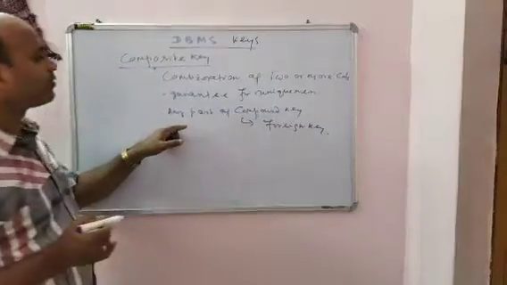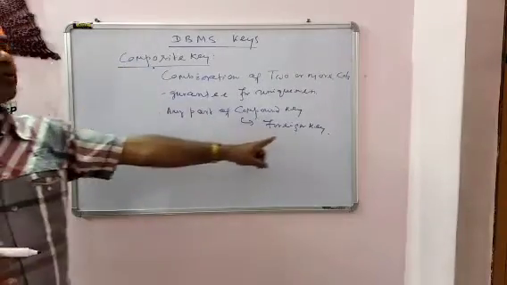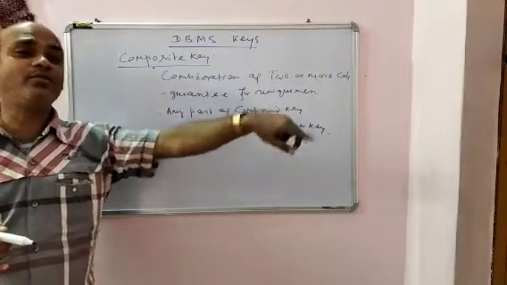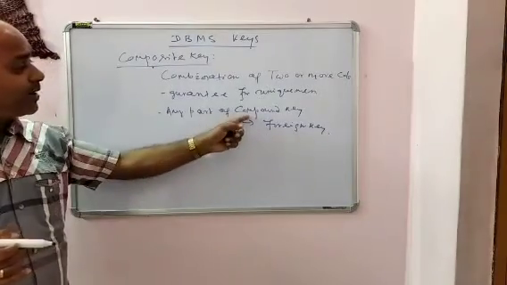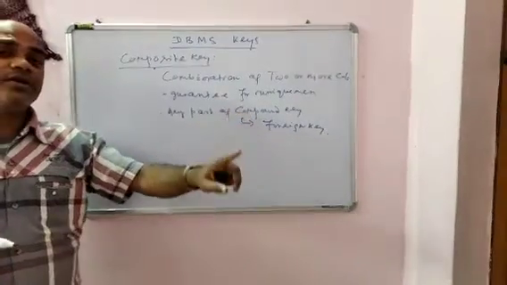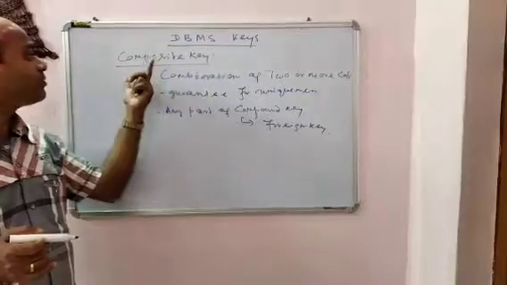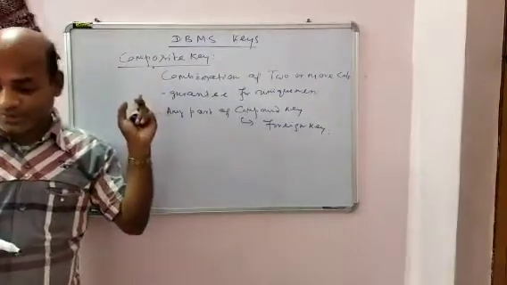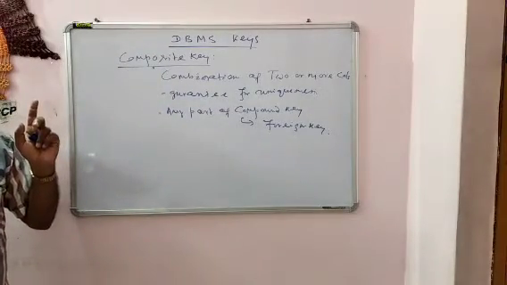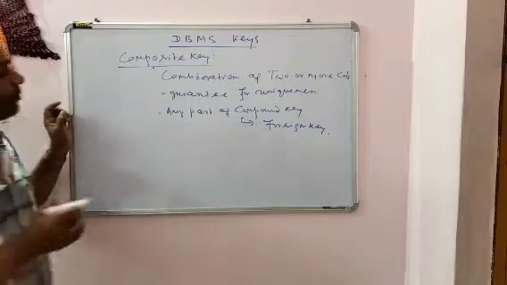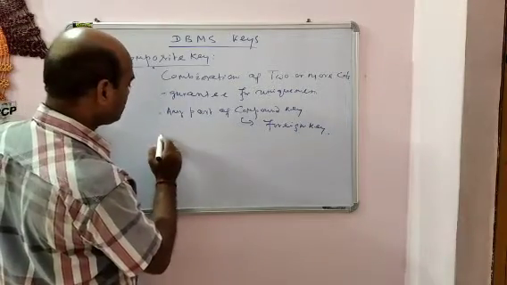But any part of the composite key cannot be a foreign key, cannot be the primary key of another table. Part of the compound key may be the primary key of another table, but part of the composite key cannot be. This is the difference.